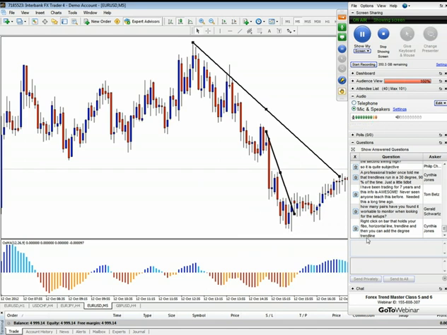Let's see. What else do we have here? How many pairs have you found it workable to monitor when looking for setups? I only trade the euro, but I look at the euro and the pound, and the Australian dollar and the Swiss franc. But I don't look at all these cross pairs like the Australian CAD or the New Zealand Singapore or whatever. I don't trade that stuff.